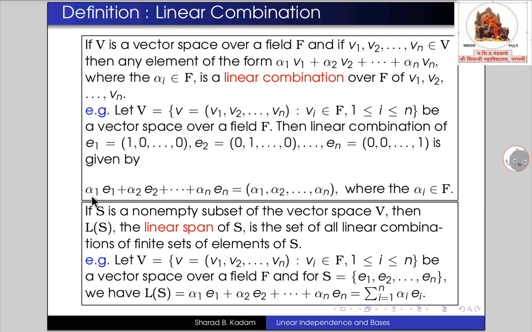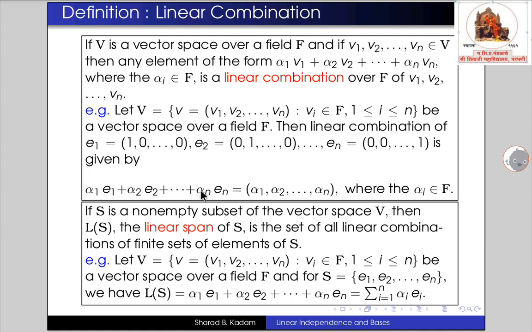So if we multiply E1 by alpha 1, then we will get an n tuple whose first component is alpha 1 and rest components are 0. Similarly, for alpha 2 E2, we will get an n tuple whose second component is alpha 2 and all other components are 0.